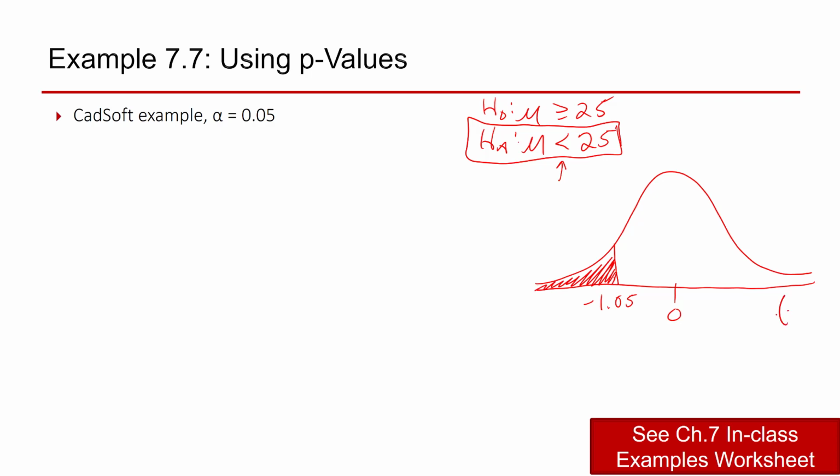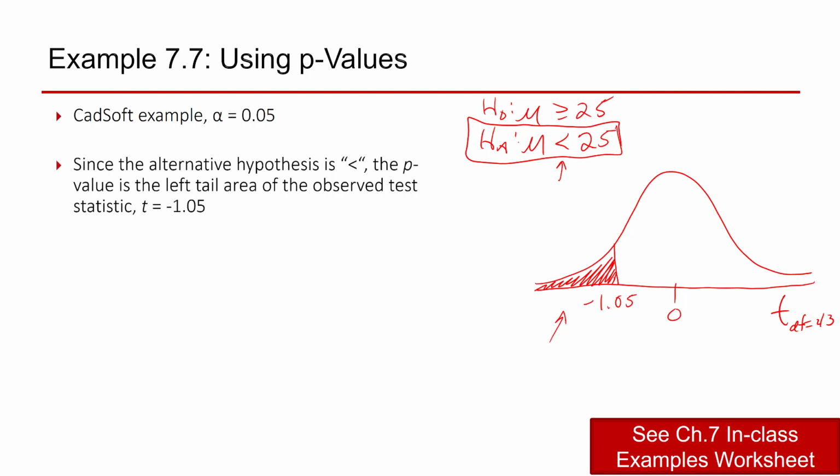Now, this is a t-distribution with 43 degrees of freedom, right? It had sample size of 44. The degrees of freedom are n minus 1. So we can compute that p-value by using the t.dist function. So this is just going to be t.dist, your number of interest, negative 1.05, and your degrees of freedom, 43.